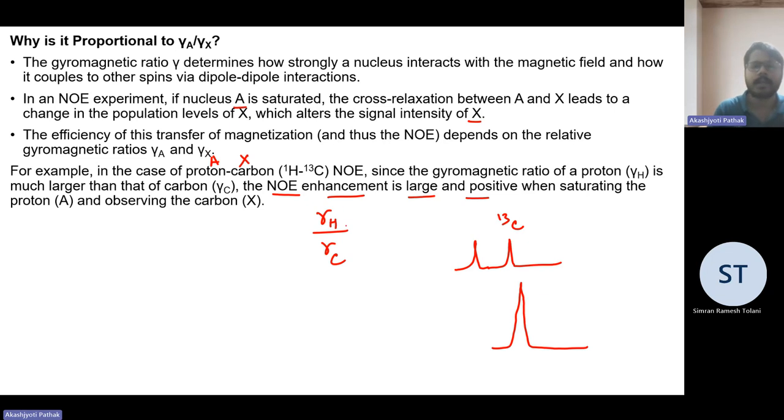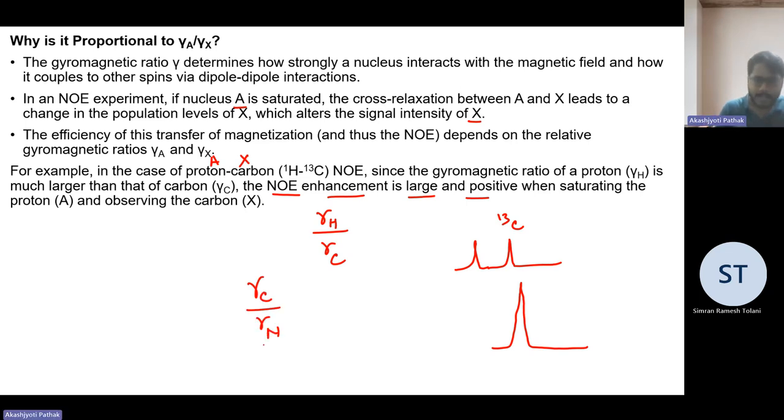And because of this transfer, there is an enhancement of the signal in carbon 13. So the more the difference in the gyromagnetic ratios between the two nuclei, the more change you will see in the signal intensity. For example, if instead of hydrogen and carbon the coupling had been between carbon and nitrogen, then what would have been the case?